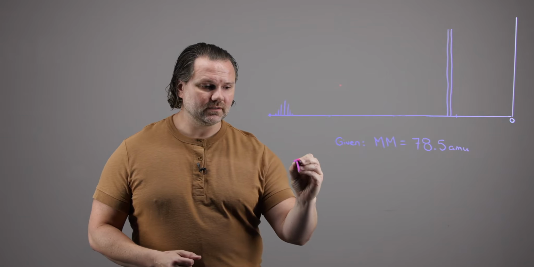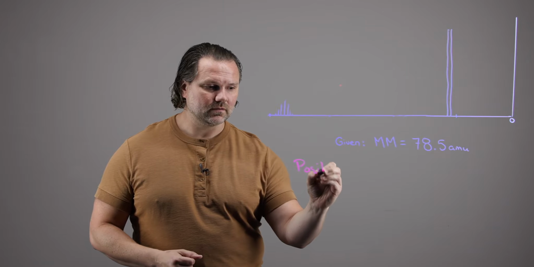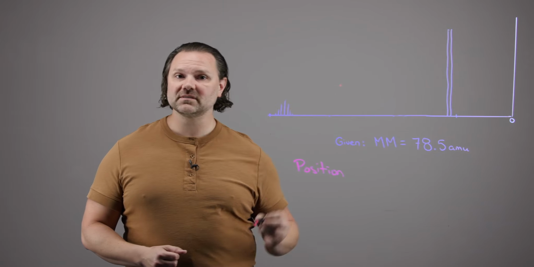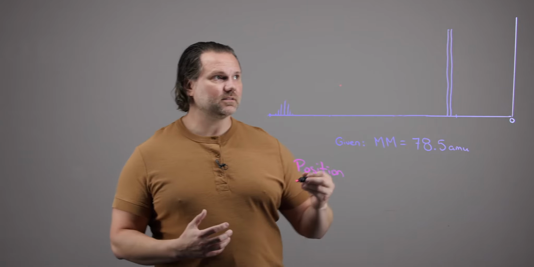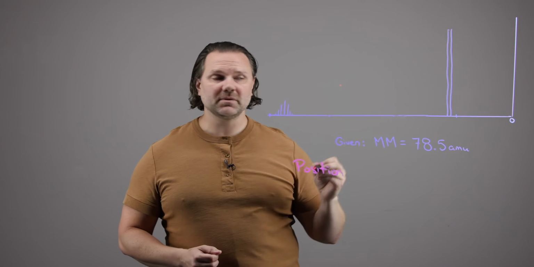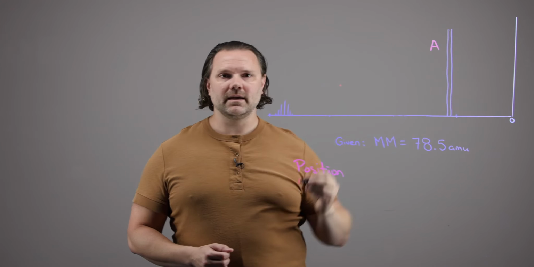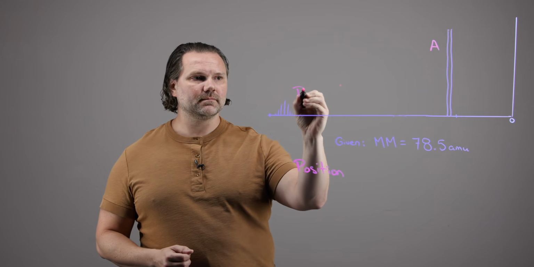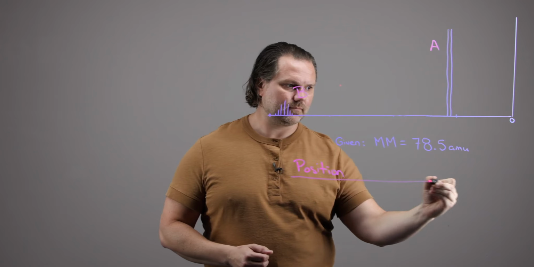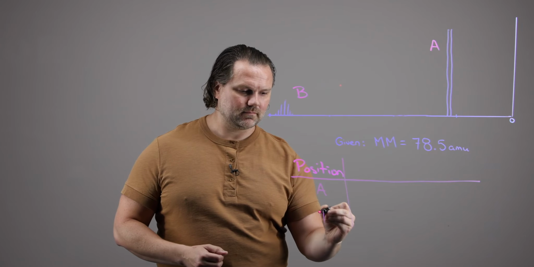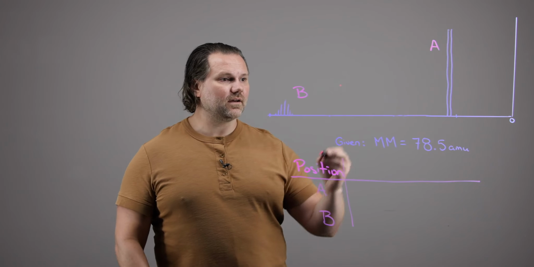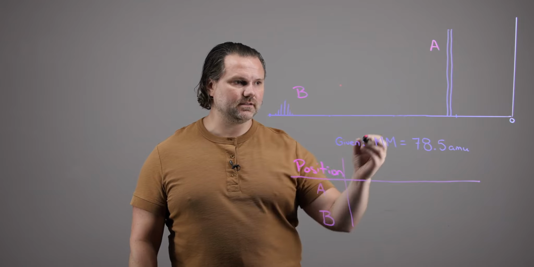First thing I do is write out the positions on my spectrum. We're going to call the first peak A and the second one B. Then we have our chemical shift scale here, delta.